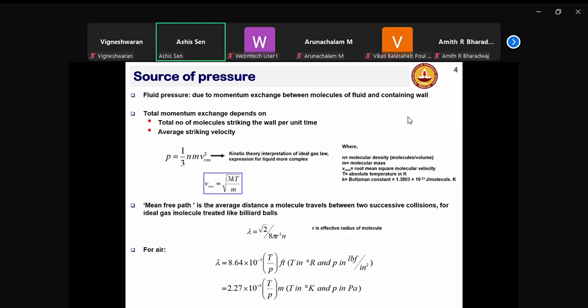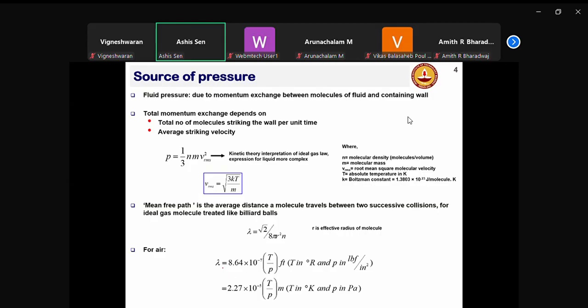And in that context, you can talk about mean free path. Mean free path is basically the average distance that a molecule of a fluid travels between two successive collisions. And this is typically expressed in this form. The lambda, which is the mean free path, is given as 1 over square root of 2 times pi r square into n. R is the radius of the molecule, and n is the number density. And for air, it can be expressed in terms of temperature and pressure.